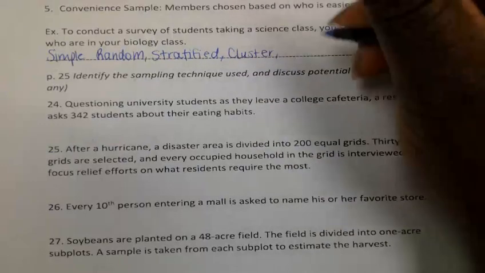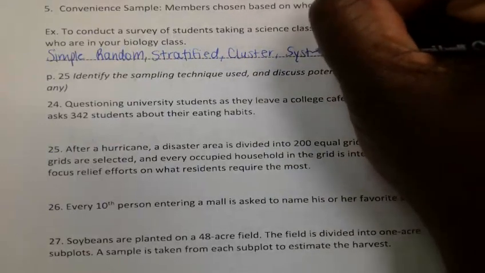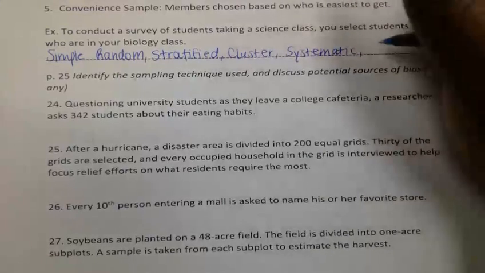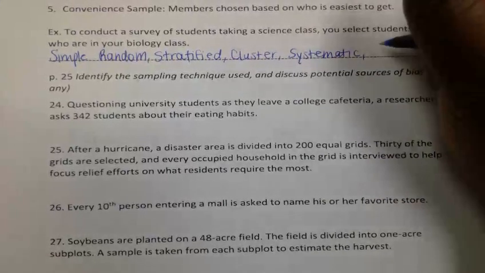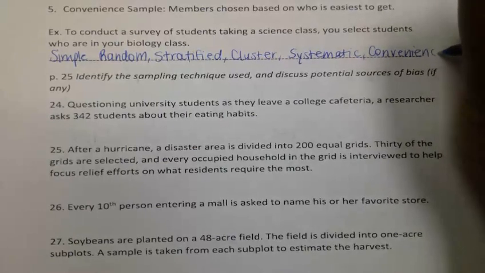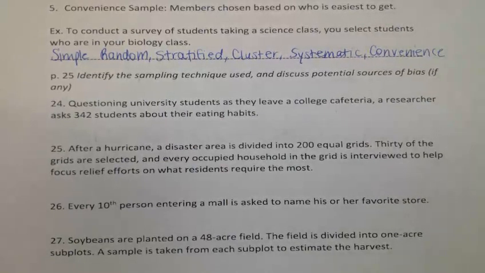We had simple random, stratified, cluster, systematic, and then convenience. Those were our options.